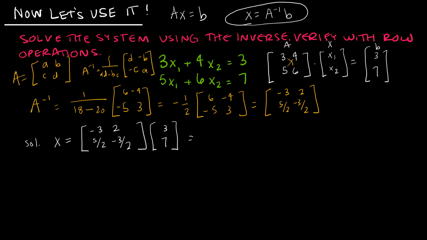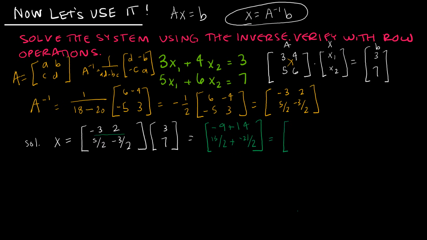Again, we know how to multiply matrices just fine. I'm going to switch colors here. I'm going to start with negative 3, 2. So negative 3 times 3 is negative 9, plus 2 times 7 is 14. And then 5/2 times 3 is 15/2, plus negative 3/2 times 7 is negative 21/2.